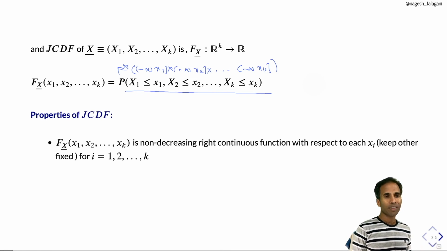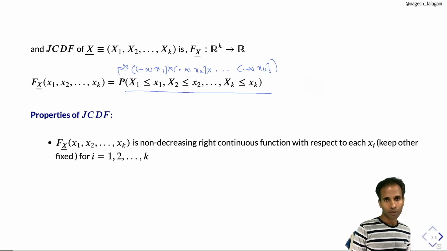Now, properties of joint CDF. The joint CDF function is non-decreasing and right continuous with respect to each coordinate xi for i equal to 1 to k. That means if you fix every coordinate except xi, then the joint CDF is a function of the single variable xi, and as a function of xi it is a non-decreasing right continuous function.